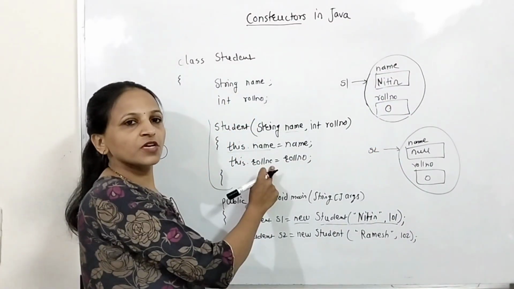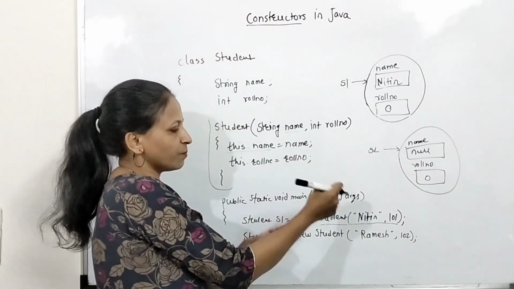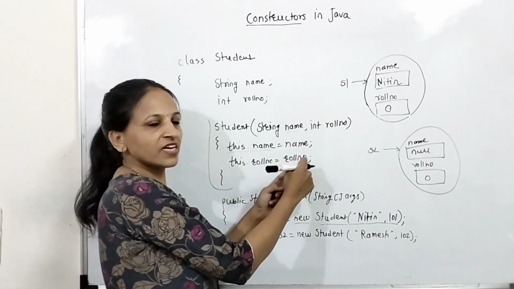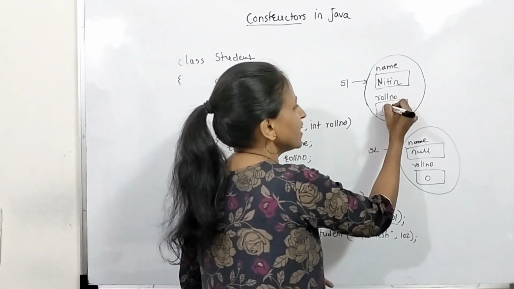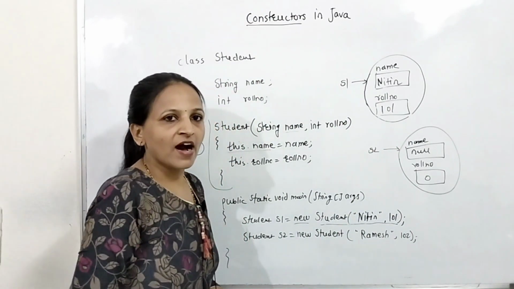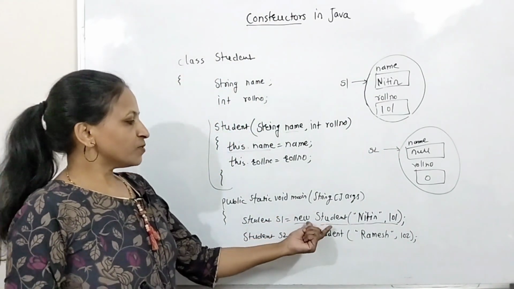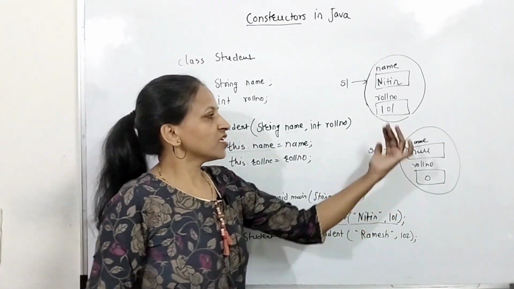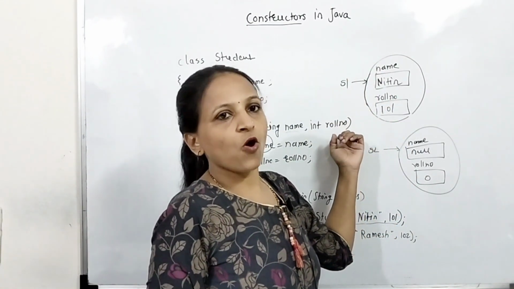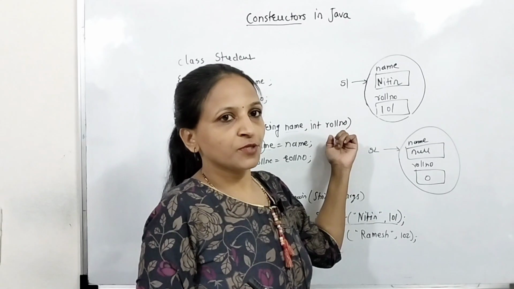This.rollNumber means this one is equal to rollNumber. Roll number is 101, that will get copied here. Now 0 will get replaced by 101. Getting how it works? Whenever the object is created, automatically the constructor will be called for that particular object.